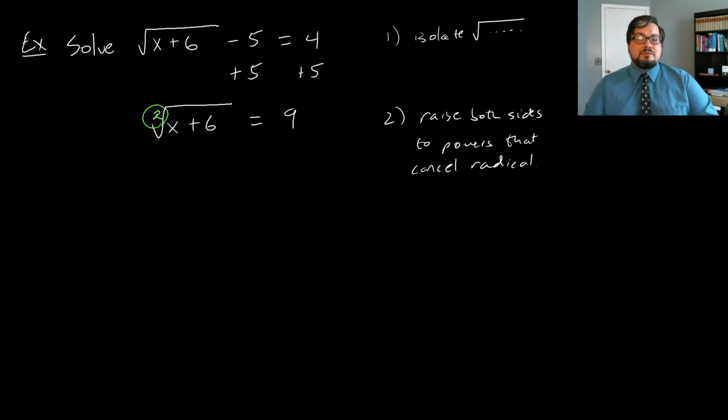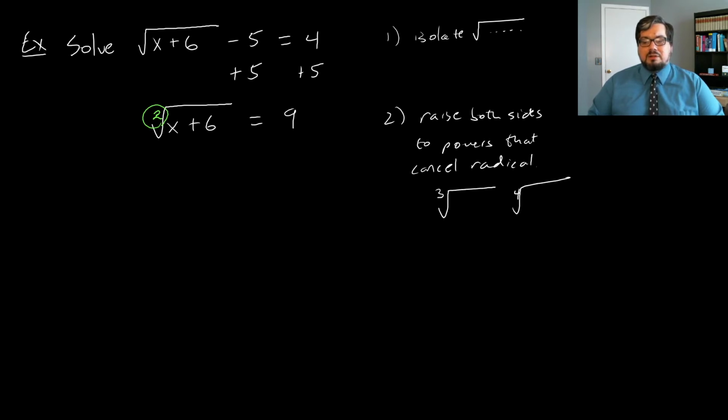We call this a radical with index 2 because we're looking at the square root. On the other hand, if we were looking at a cube root, that would have a written index 3, or we could look at the 4th root, the 5th root, etc. So these are the numbers that we want to look at that will cancel out the radical.